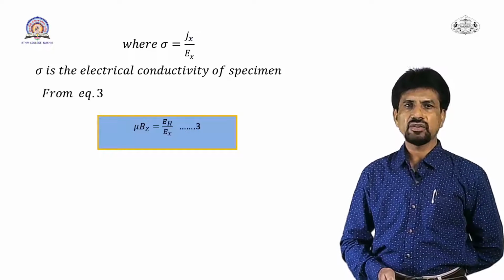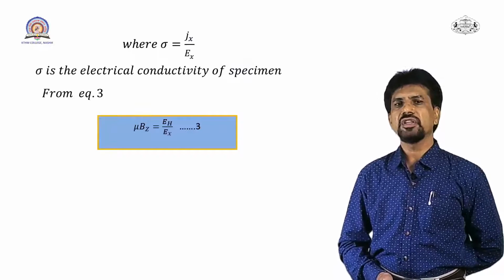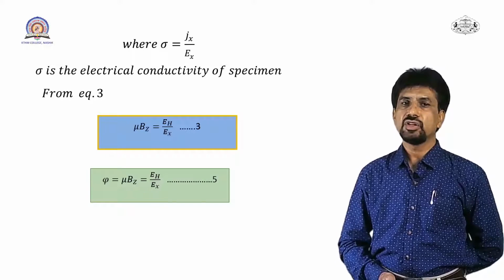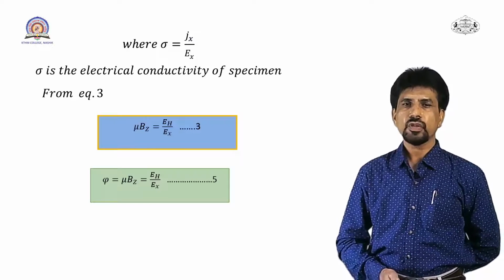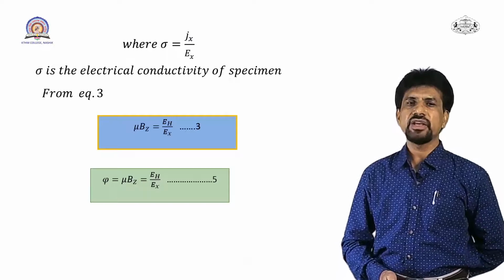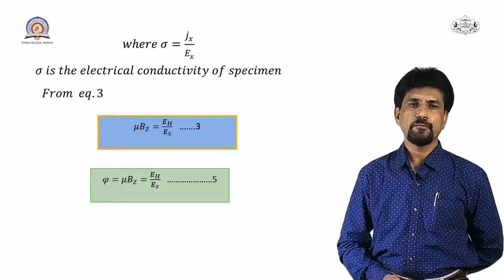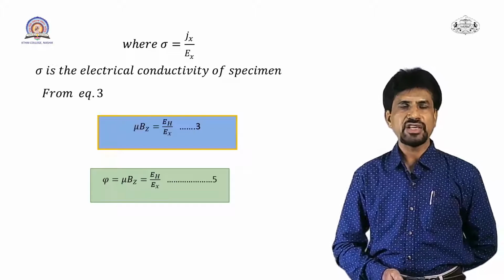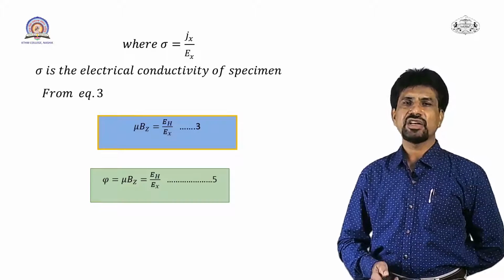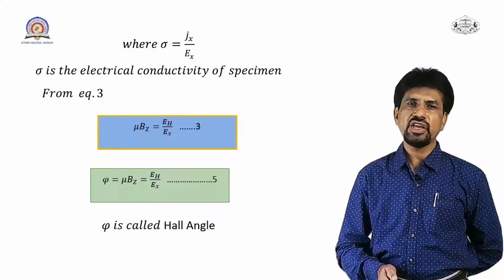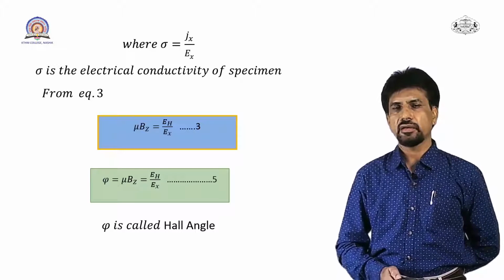Therefore, equation number 3 becomes mu into Bz is equal to Eh divided by Ex. Now this ratio, Eh divided by Ex, we can express in terms of phi, and phi is equal to mu into Bz, or the ratio of Eh divided by Ex, and this phi is known as the Hall angle.